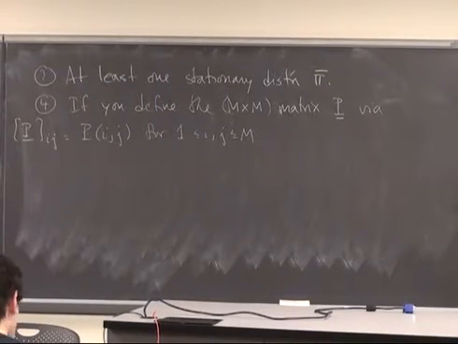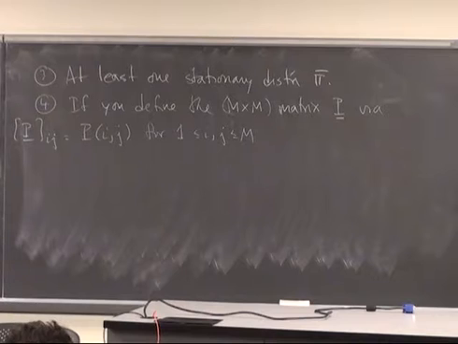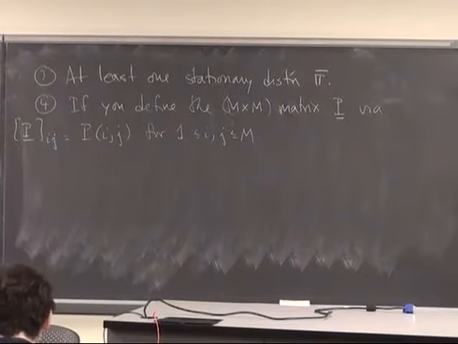In other words, you take all the transition probabilities and you put them in the natural way into an m by m matrix.